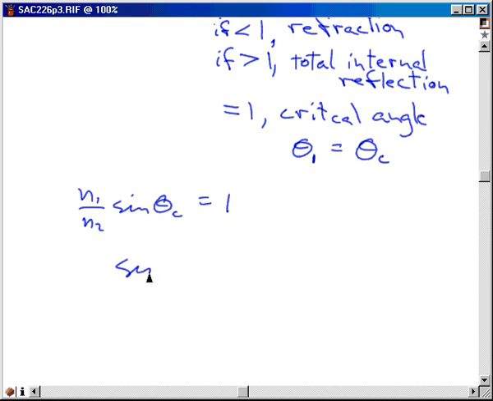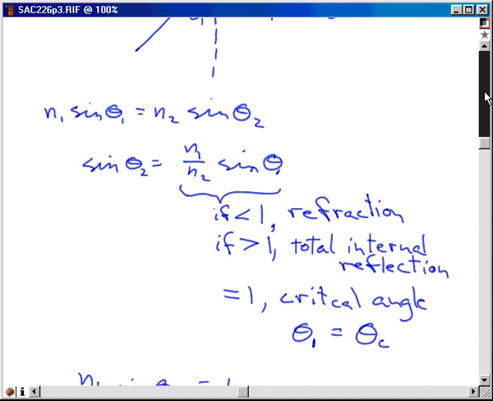We can solve that for theta c. I'll multiply both sides by N2 over N1. And theta c is the arc sine of N2 over N1.